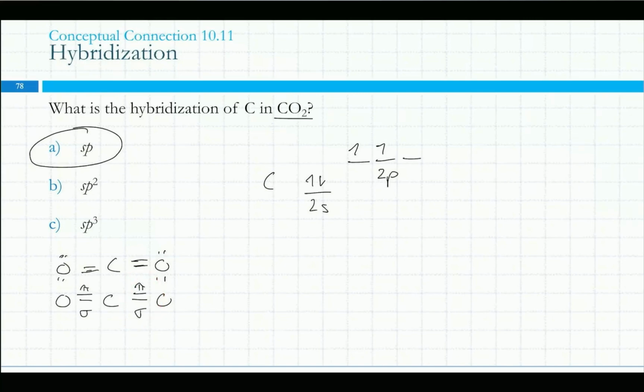And to have a pi bond, we have to have half-filled p orbitals. So if I take 2 of these orbitals and hybridize them to make the sp, then I can put 2 electrons in there, and then I have the 2 p orbitals, which each get 1 electron. So these become the 2 pi bonds, these become the 2 sigma bonds.